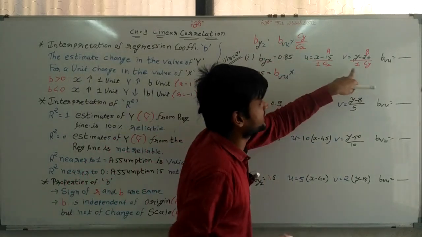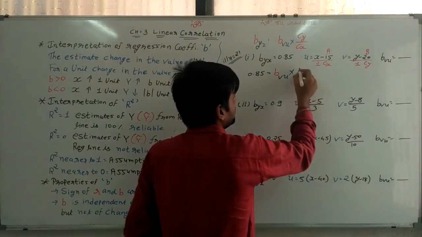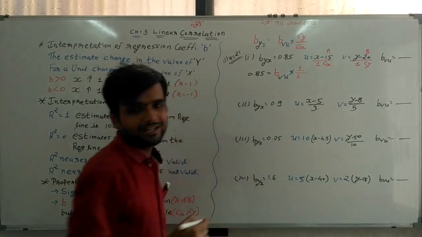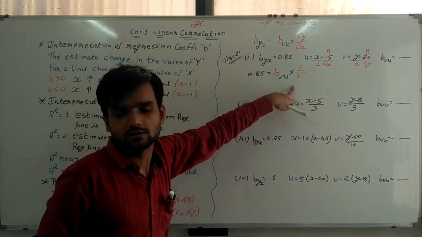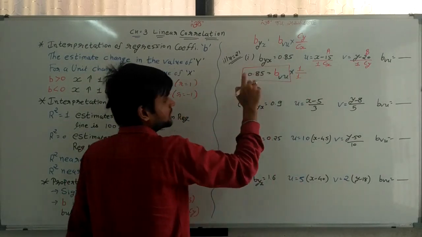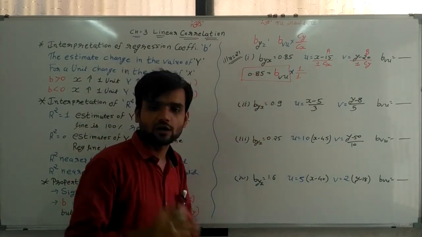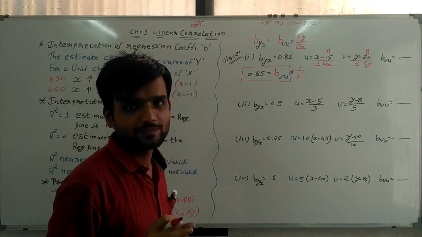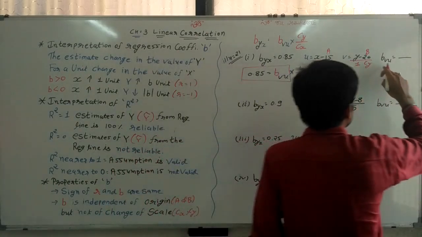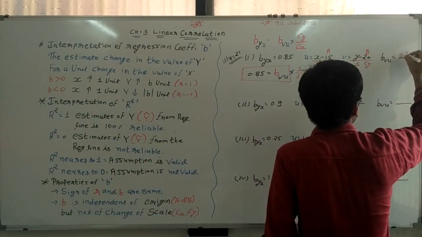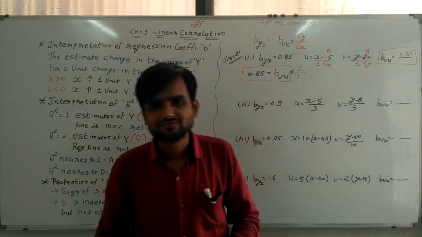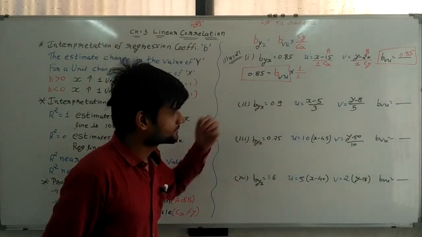Sir, cy is equal to 1 and cx is also 1. Whenever multiplying or dividing with 1, there will be no change, so the answer is as it is. bvu is equal to 0.85. That is my answer. So I can write here bvu is equal to 0.85. That's it.